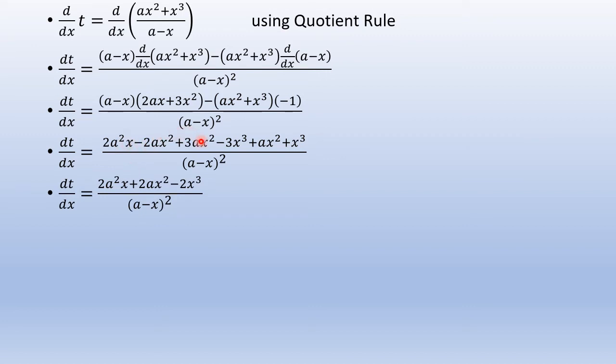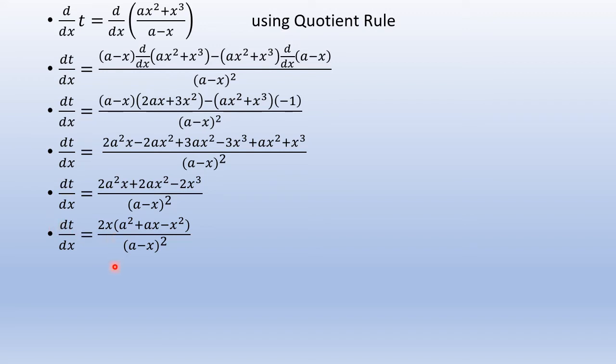Now this and this and this will give us 2ax square, and these two terms will give us minus 2x cube. The denominator remains the same. Now you can see that you can take 2x common from it. So I take 2x common and I get a square plus ax minus x square inside the bracket. Now this is the value of dt by dx.